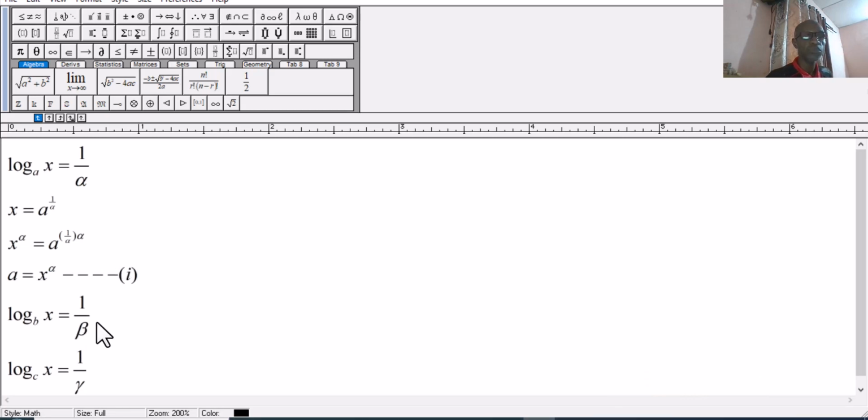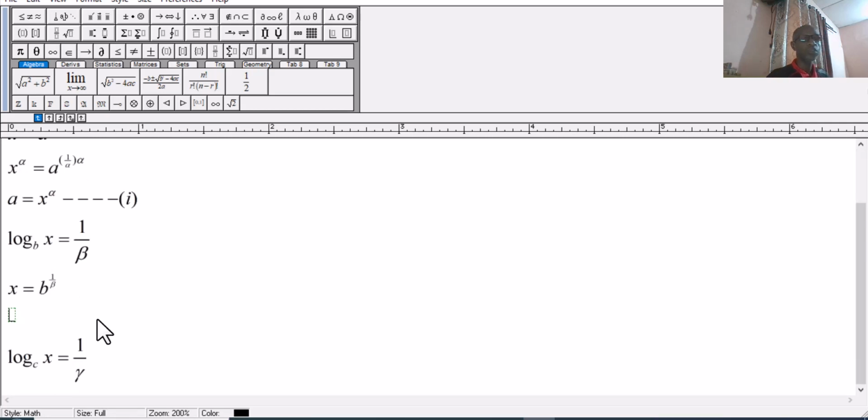Let's call this one. We move to the next one. Let's convert this to index form also. x is equal to b raised to the power of 1 over beta. To get our b, we raise both sides to the power of beta.